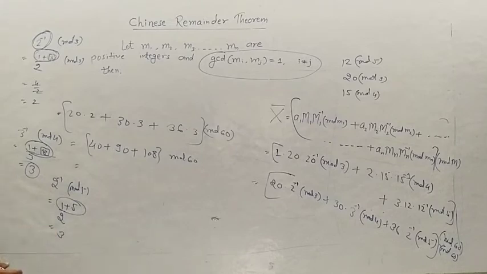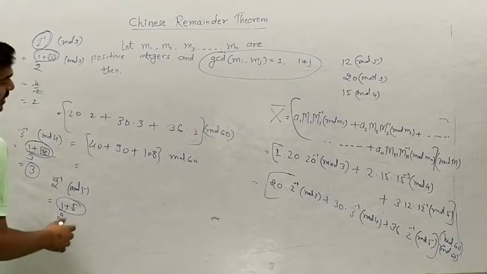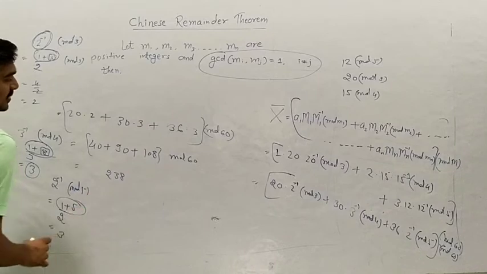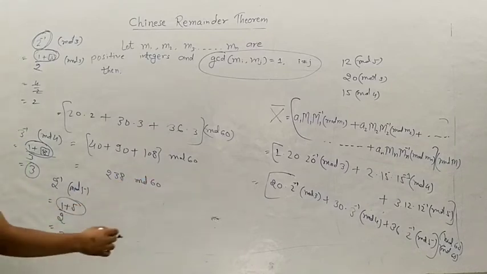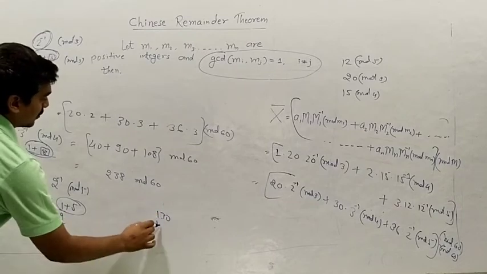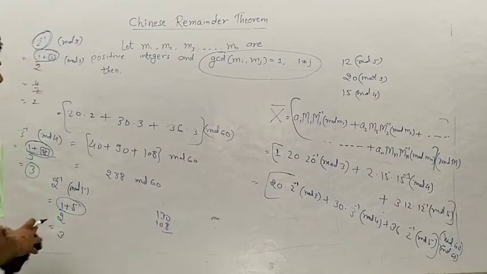Now 130 and 108, that is 238 mod 60. Okay, 130 plus 108 is 238.